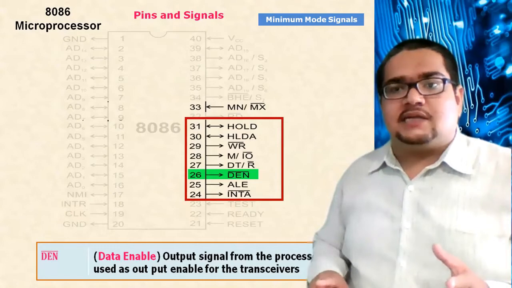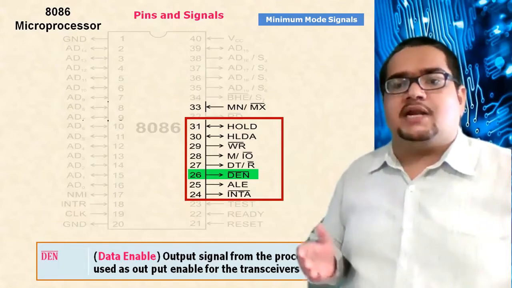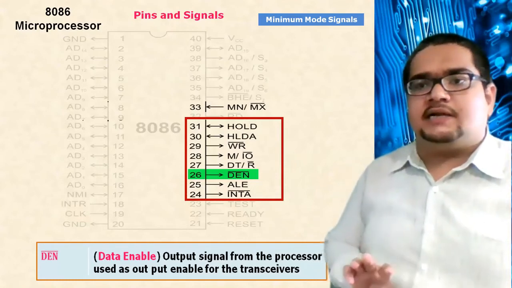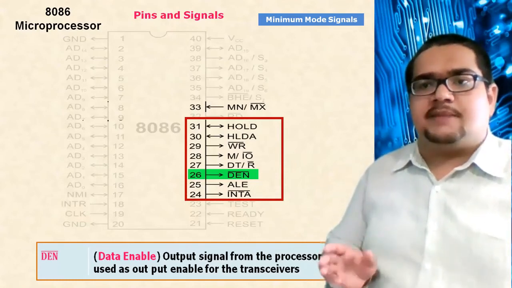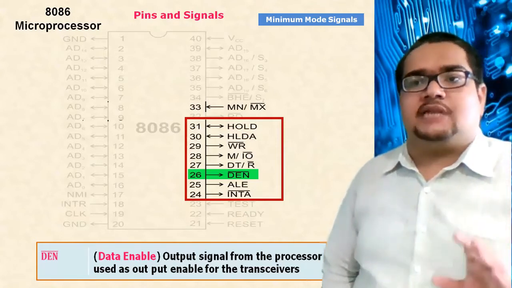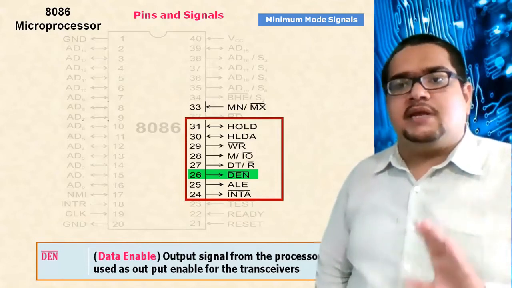Because the AD lines are very dynamic, in the sense that at proper intervals of time they change their behavior. For a certain time, there will be an address on them, and for another certain time, there will be data on them. So there shouldn't be a loss of what is available on those lines, whether data or address.